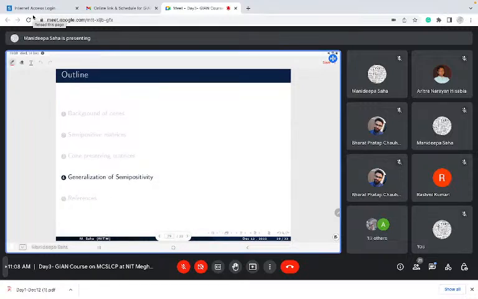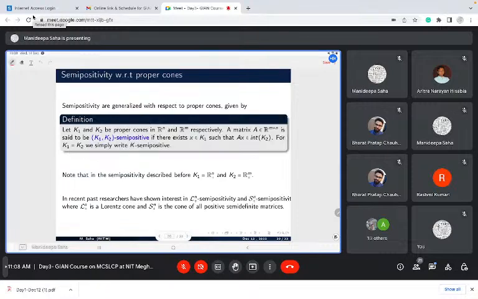Now, the generalization of semi-positivity. How can one generalize semi-positivity in terms of cones? That can be done in terms of two proper cones, K1 and K2. The first cone I take in R^n, and the second cone I consider in R^m.